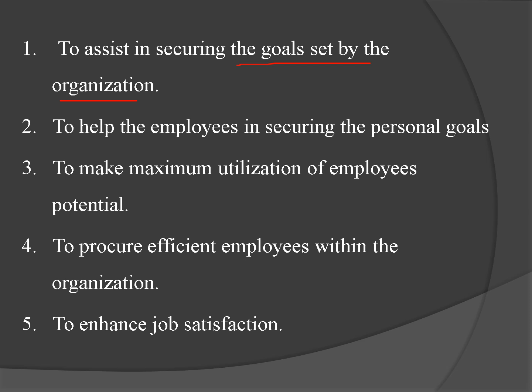The second one is to help the employees in securing their personal goals. In the last video we discussed that HRM people not only focus on group level but also on individual level.